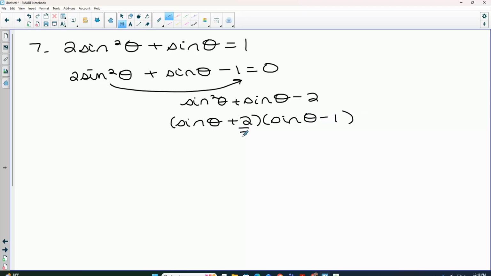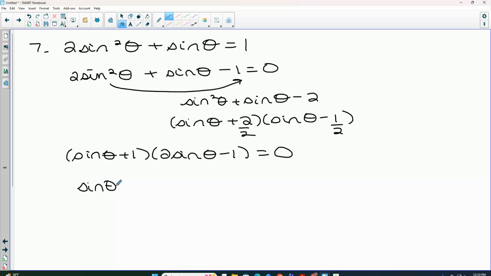Don't forget to divide your 2 back. Are you guys with me there? So now if we set them equal to 0, we get sine to be -1 and +1/2.